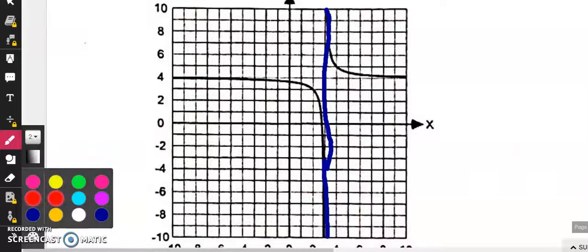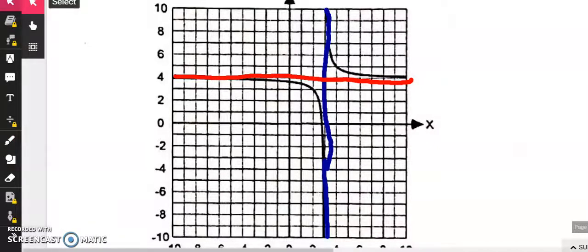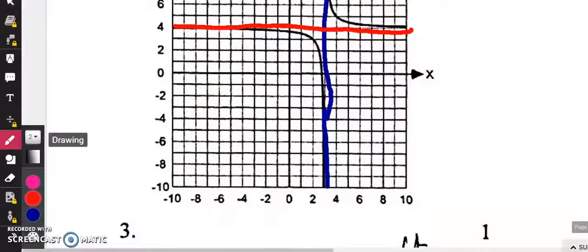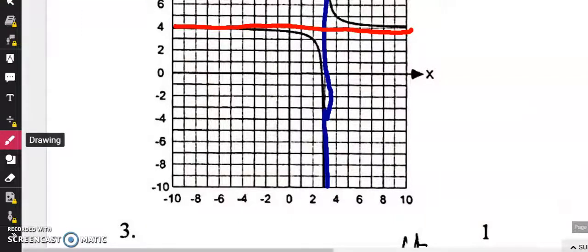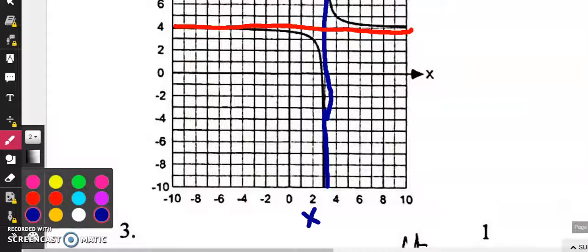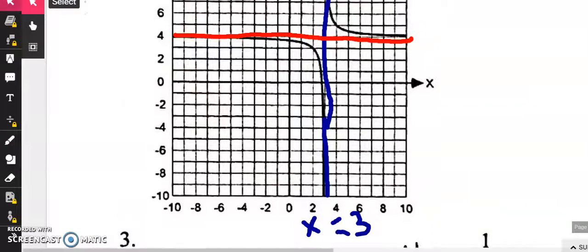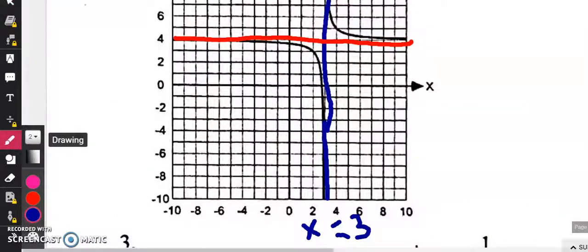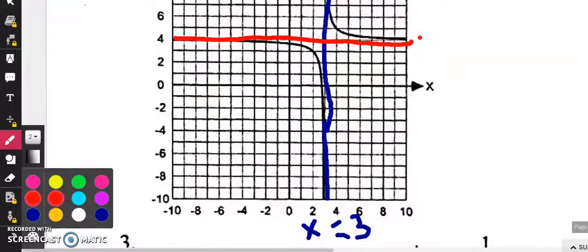And then I want to look at the sides of my graph and see where it flattens out over there. So if I look at it, my vertical asymptote lines up with x equals 3, and my horizontal asymptote lines up with y equals 4.